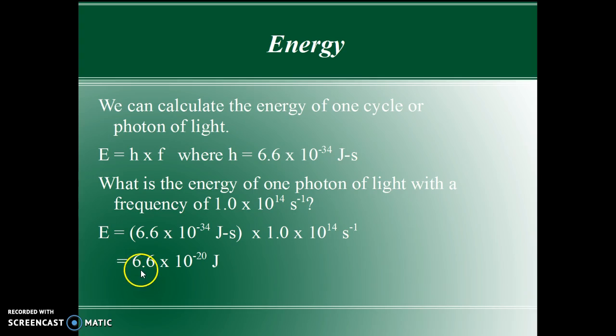So the answer is 6.6 times 10 to the negative 20th joules. If we're given the wavelength instead of the frequency, you know how to calculate frequency from wavelength. So you calculate the frequency first, multiply it by Planck's constant, and you have your energy.